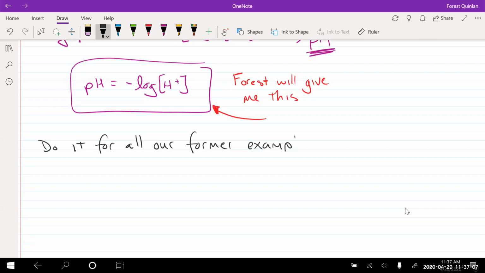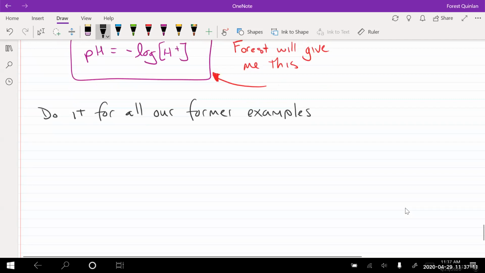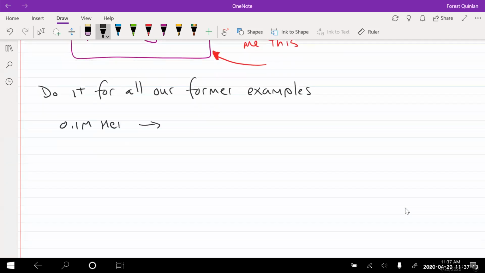So we had our 0.1 molar HCl. You told me that the concentration of H plus was equal to 0.1. Nothing surprising there, we just did that calculation. So this means that the pH is equal to negative log of 0.1.